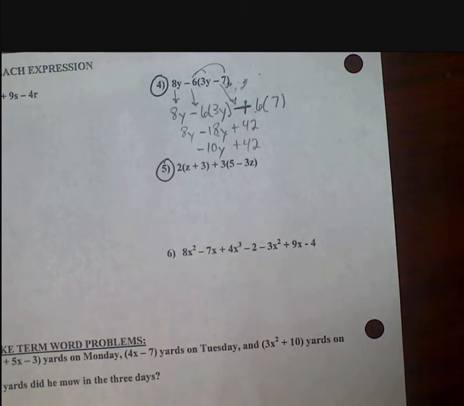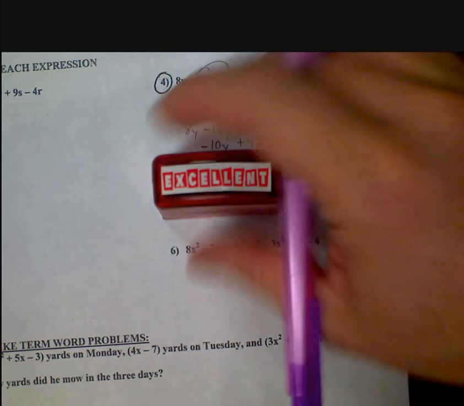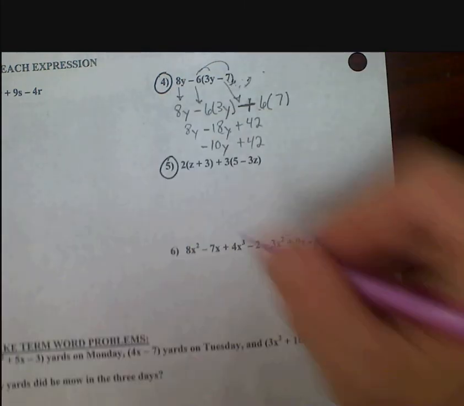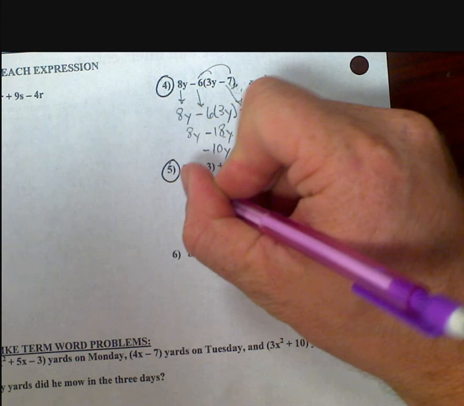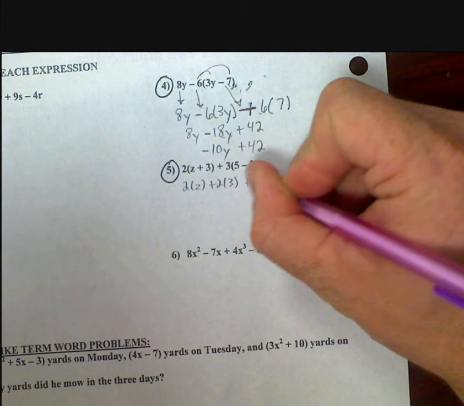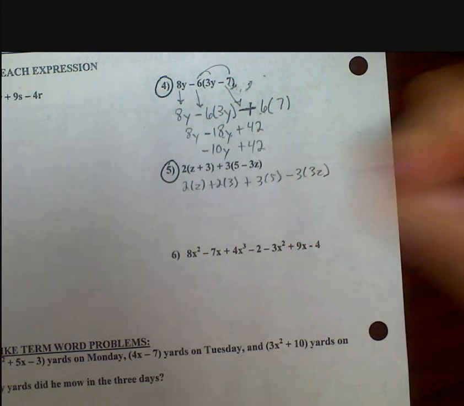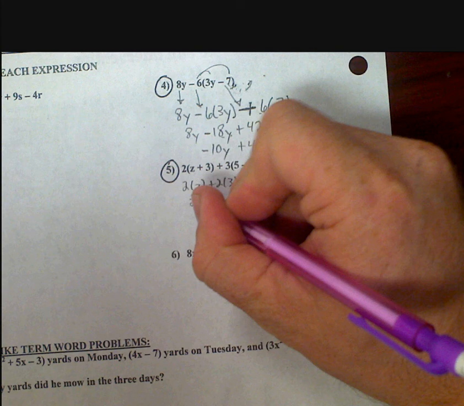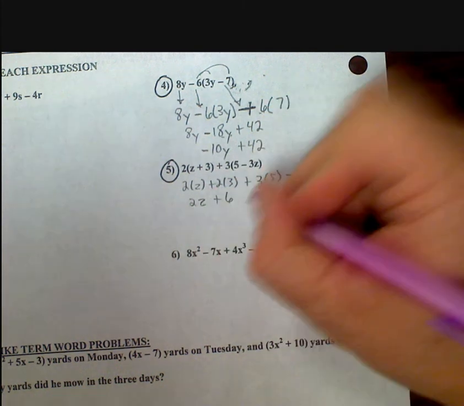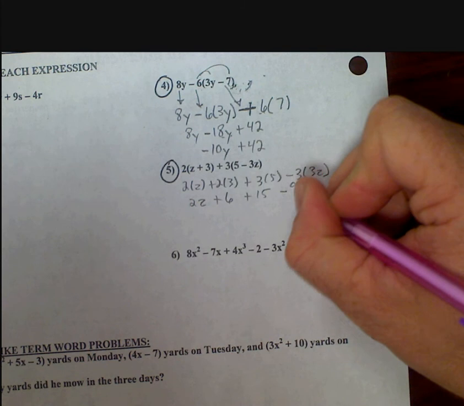Number 5. Go ahead and pause the video and try yourself first. So on number 5, we get 2 times z plus 2 times 3 plus 3 times 5 minus 3 times 3z. 2z plus 6 plus 15 minus 9z.